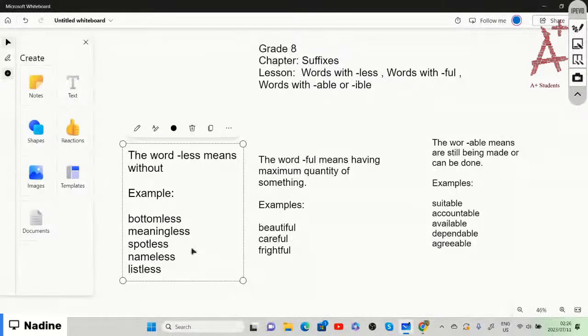Spotless. It is clean. We don't see any dust, any dirt, nothing. Nameless. The person does not have a name. It's without a name. And listless, right? Without a list. That is basically the meaning of less.